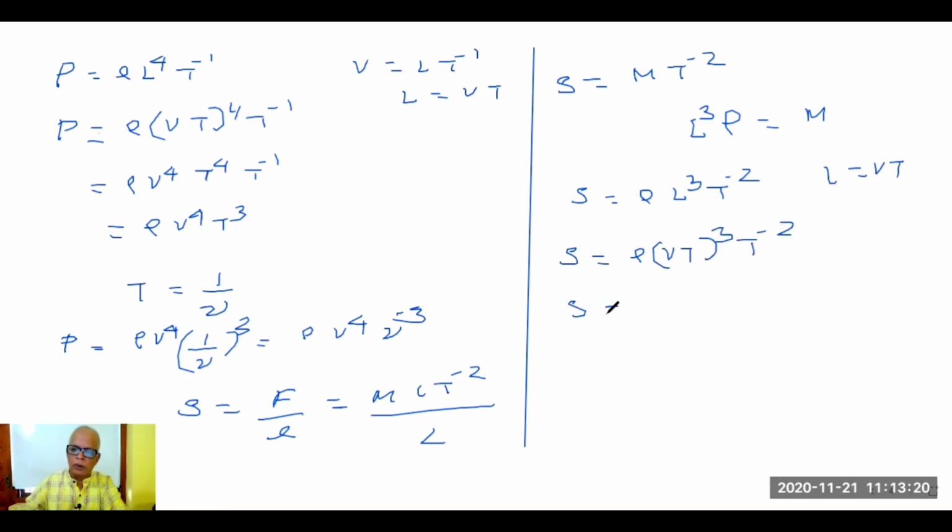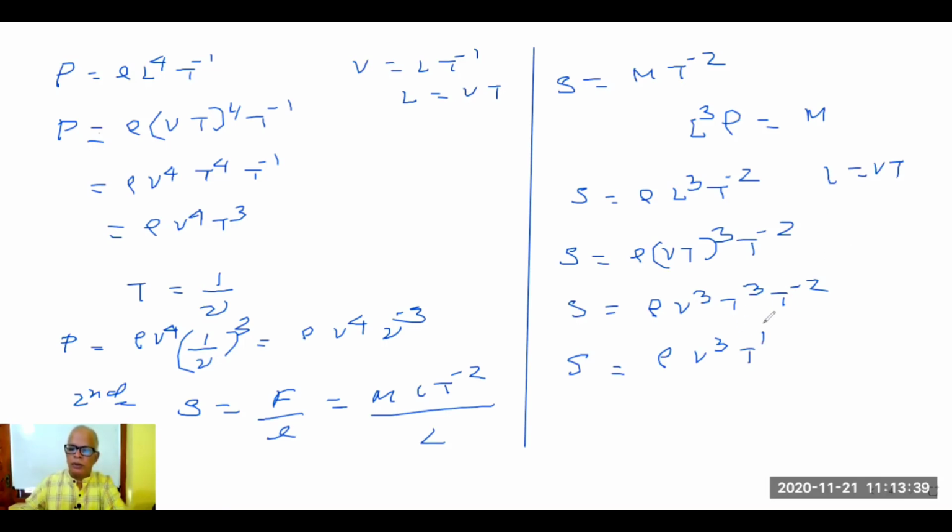So, S is equal to rho V cube T cube T minus 2. S is equal to rho V cube T raised to 1.